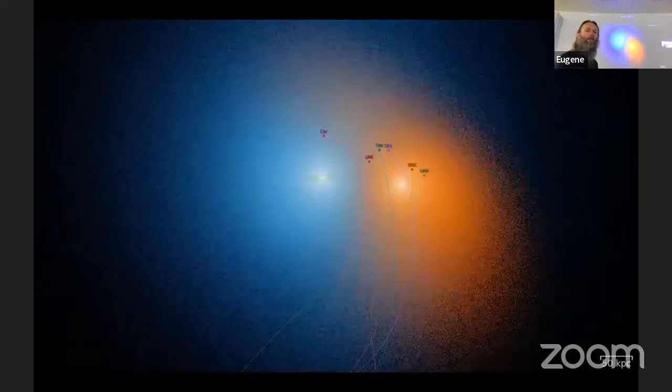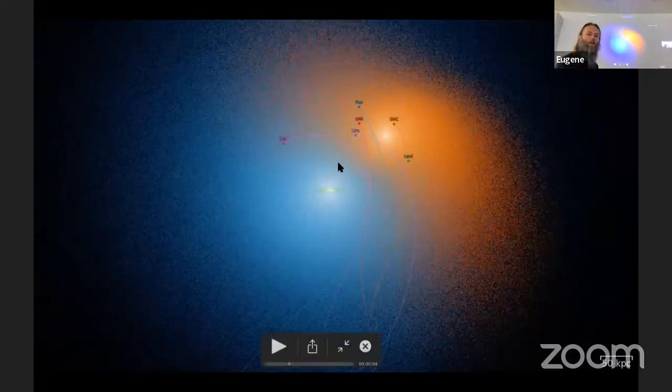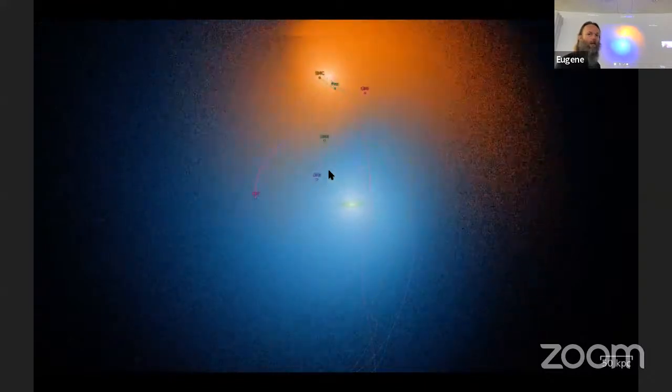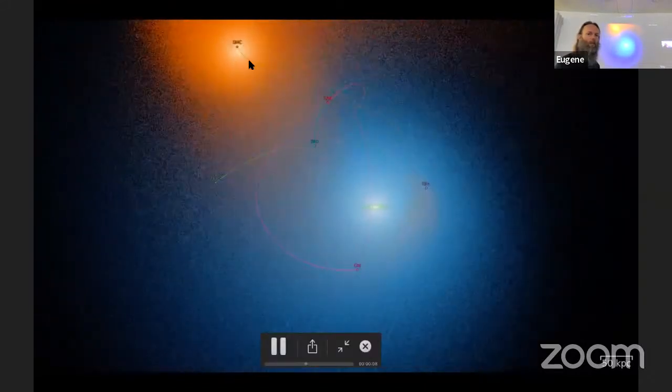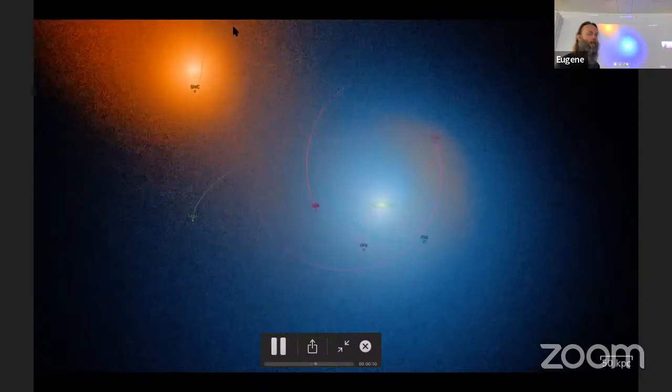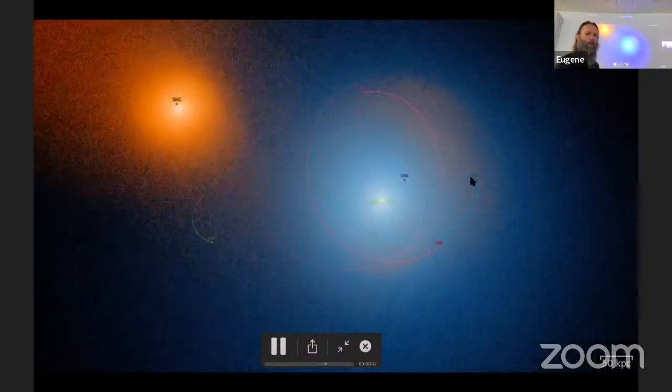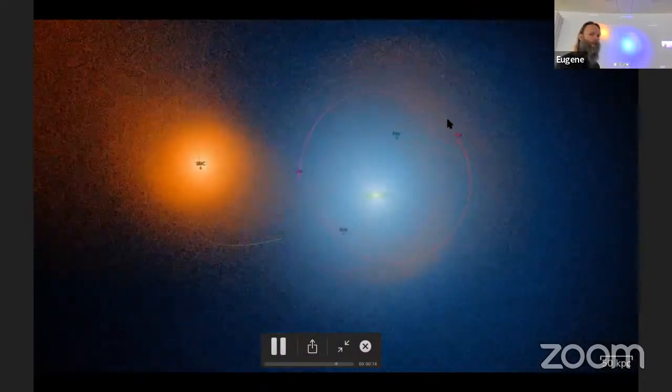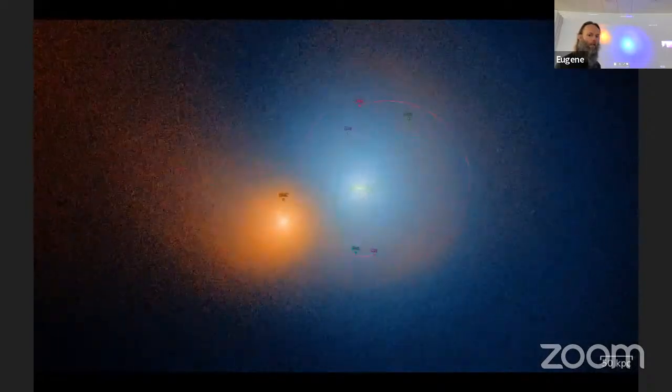And when the first pericenter passage happens, you see that some of them already get stripped. This one got a bit ahead. It went on its own orbit. Then other guys also got stripped. And the only one that remained faithful to the LMC was the SMC. So it keeps orbiting it for a while. But the other guys, they went their separate ways. And now the LMC comes back for the second time.